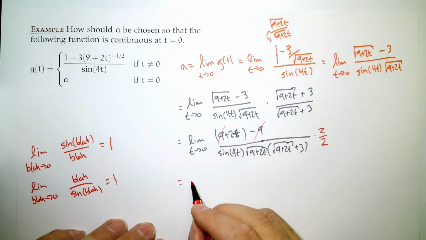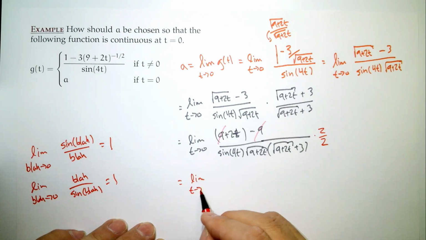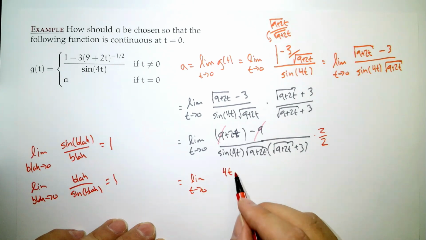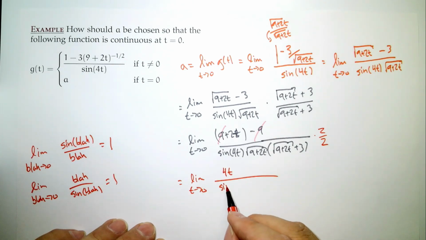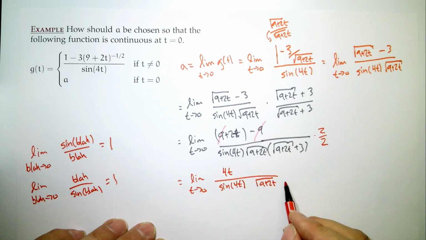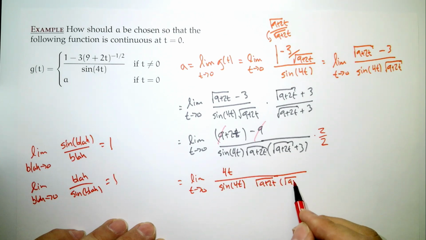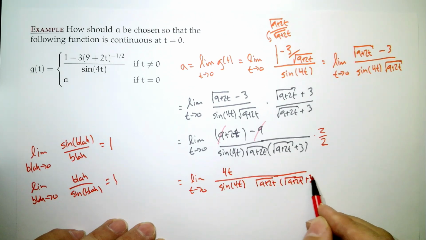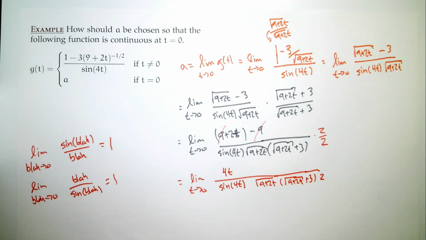So this is the limit as t goes to 0 of 4t over sine of 4t, and then everything else: square root of 9 plus 2t, square root of 9 plus 2t plus 3, and there's a single 2 coming from right there.